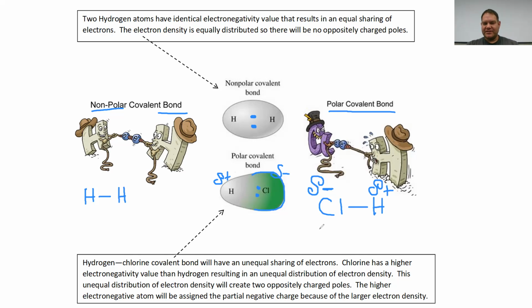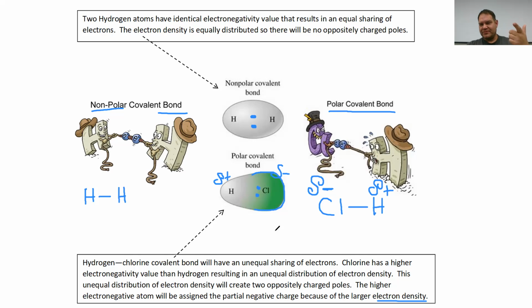And again, all of this is electron density. And we're just kind of saying where most likely are we going to be finding the two electrons being shared. It goes back to thinking about electron density.